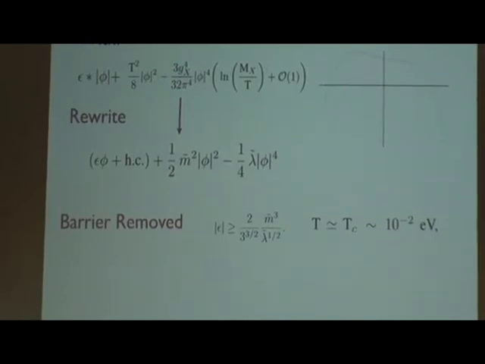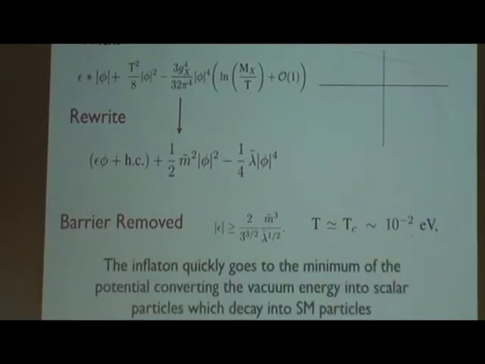And then you find at what temperature the barrier goes away, and precisely, just taking order 1 parameters for your quarks, at the critical temperature the barrier will be removed. And so once you remove the barrier, the inflaton quickly goes to the minimum of the potential, converting the vacuum energy into scalar particles, which can then decay into standard model particles.